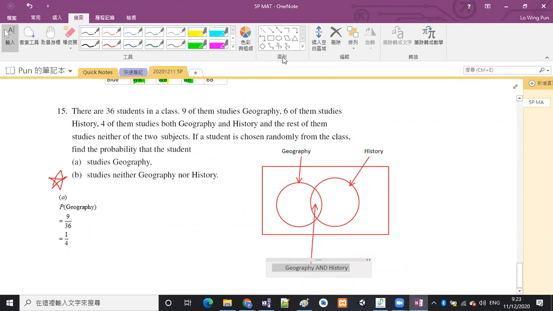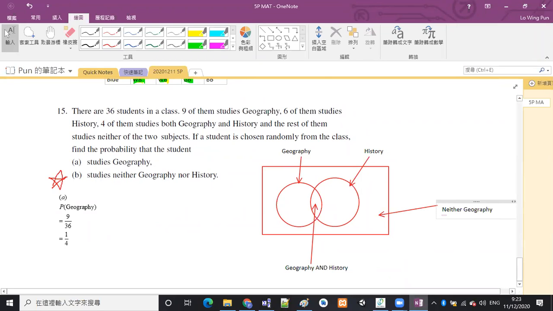But what is the outer part? Outer part. Outside the 2 circles. So that will be the students that studies neither geography nor history.